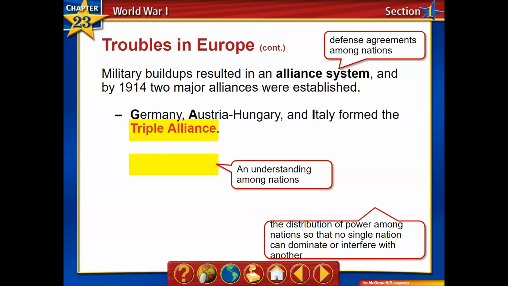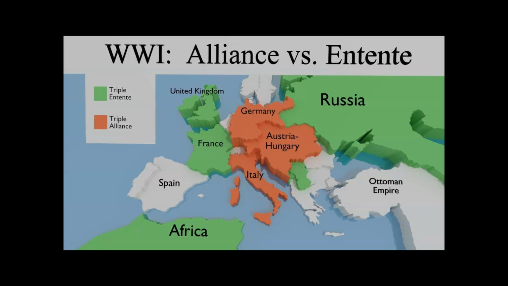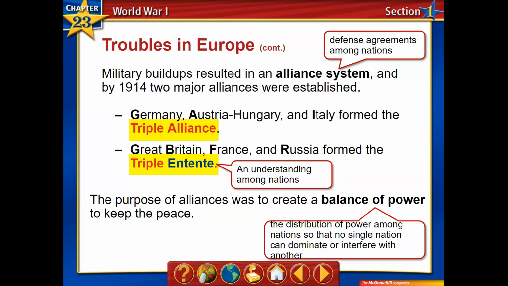So as militaries build up, they also understood that they can't do it alone. And so what comes with this is countries coming together in the alliance system. This is essentially countries coming together for defense agreements with each other in order to ensure their success.